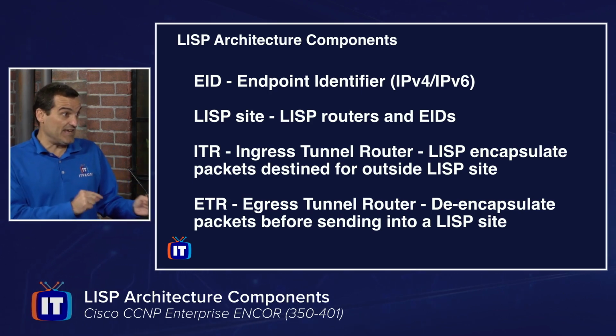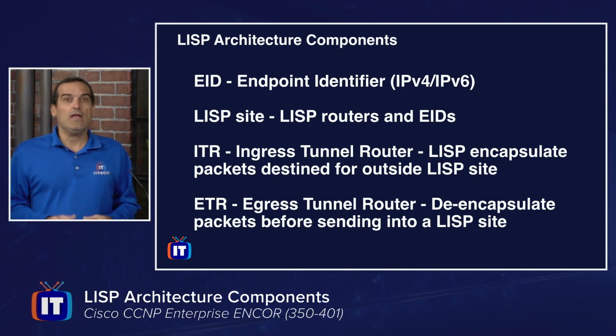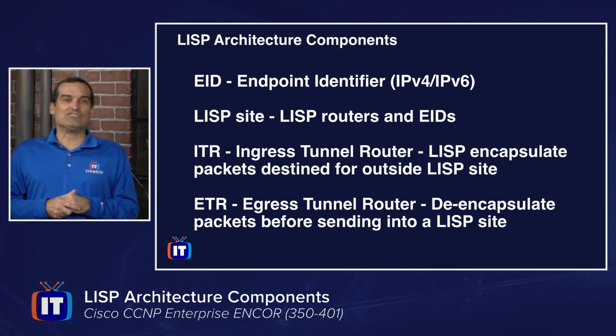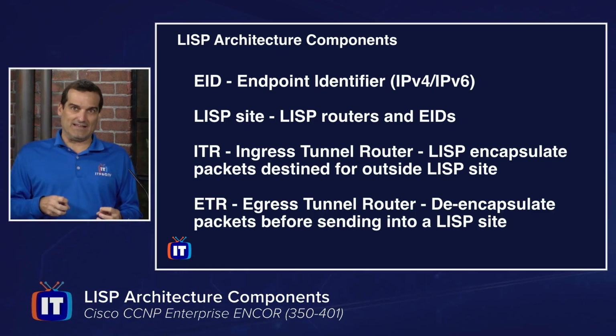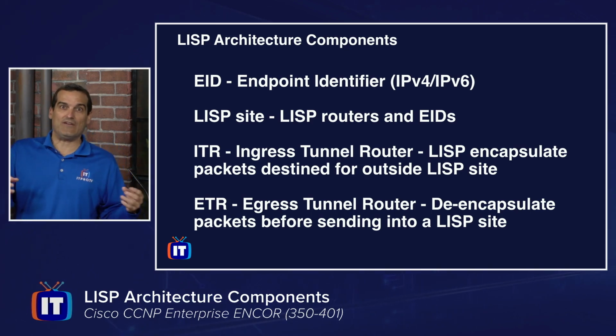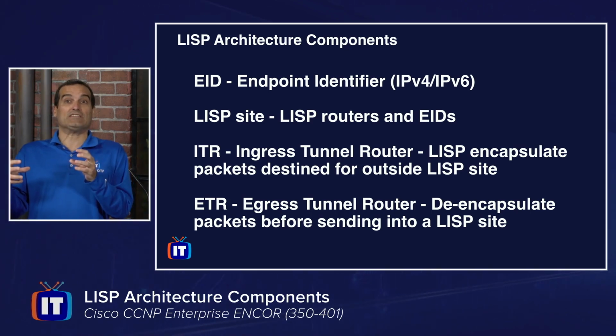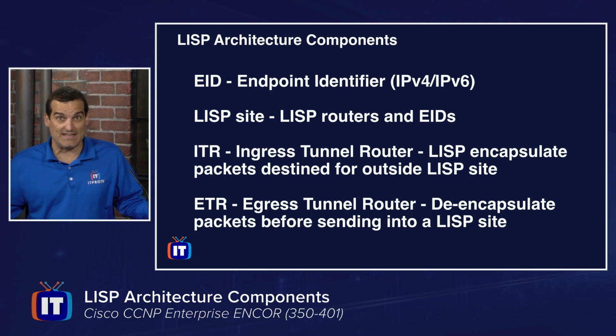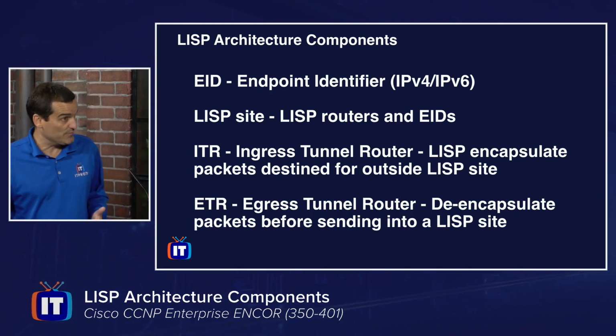It's Lisp site to Lisp site. The egress tunnel router, or ETR, is going to de-encapsulate packets before they go into the Lisp site. So you just imagine this. You have the ingress doing the encapsulation, and then you have the egress doing the de-encapsulation, and that makes perfect sense as you're moving from site to site.